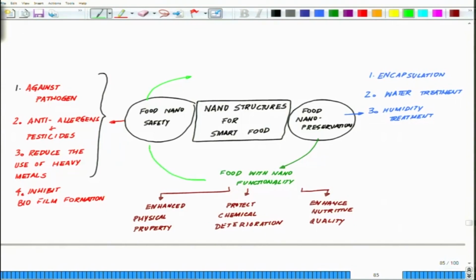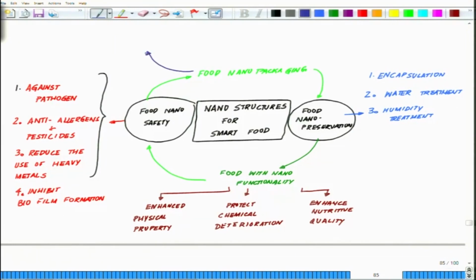Similarly, in terms of food nano packaging, these are all an interlinked circle. So these are some of the functionalities derived out of it.